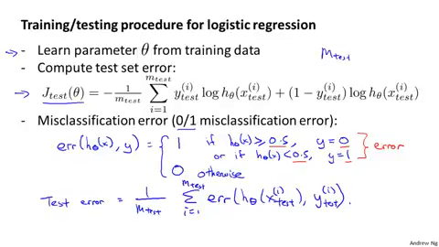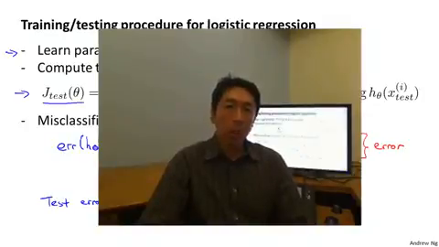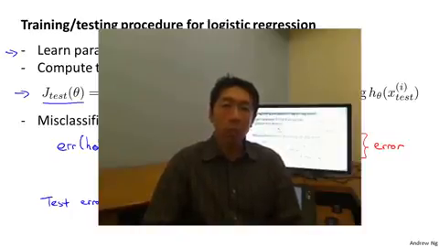And so that's the definition of the test set error using the misclassification error or the 0-1 misclassification error metric. So that's the standard technique for evaluating how good a learned hypothesis is. In the next video, we'll adapt these ideas to helping us do things like choose what features, like degree of polynomial, to use with a learning algorithm, or choose the regularization parameter for a learning algorithm.